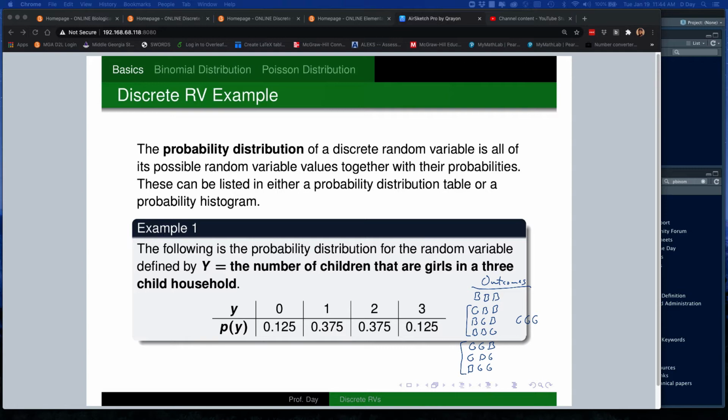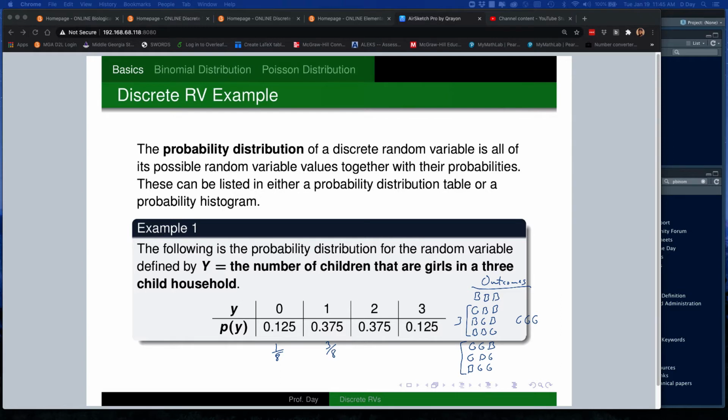Boom. And so what you're seeing here is, since there's 8 total different possibilities of sex assigned to 3 children in a 3-child family, and since there's one instance where there's no girls, all boys, this is 1 out of 8, which is 0.125. Since there's 3 instances here where there's only one girl, that's 3 out of 8, which turns out to be 0.375.